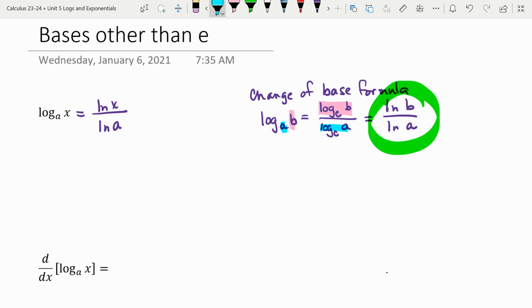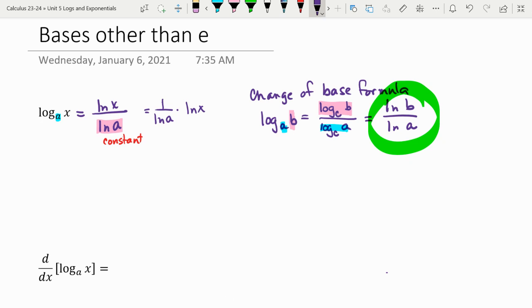And this base A is a number base. We're not going to have a variable base. So log base 2, log base 7, log base 14, the ln of a number is just a number. So this ln of A is a constant. I can rewrite this as 1 over ln of A times ln of X, and now I can use the constant multiple rule to take the derivative.